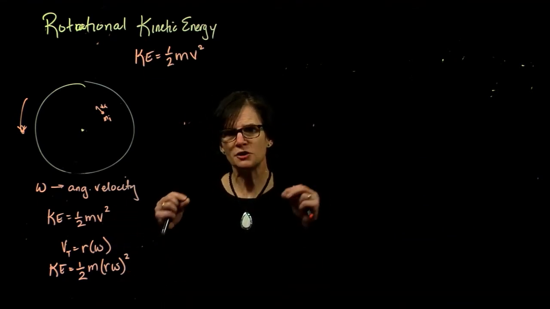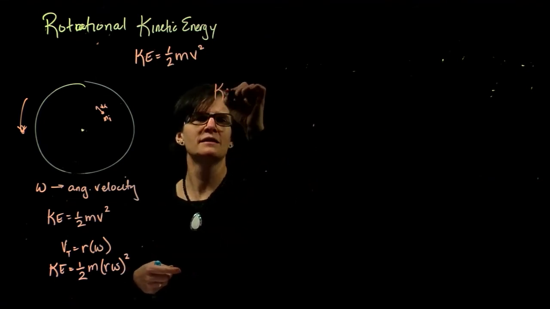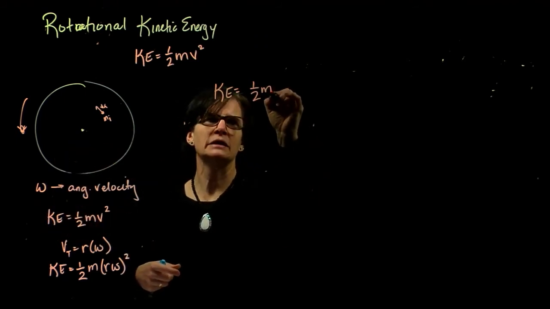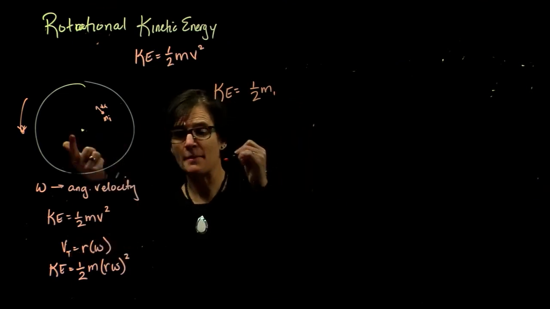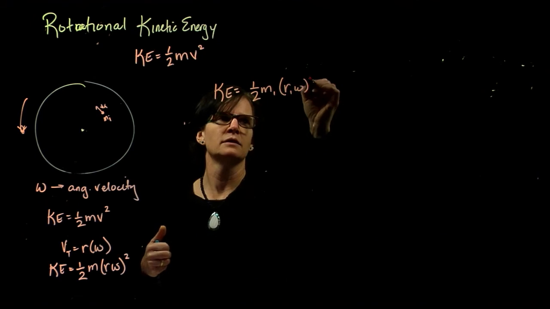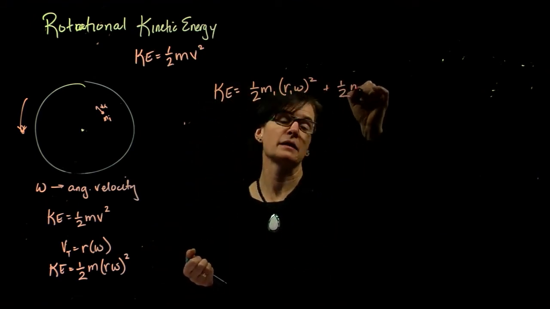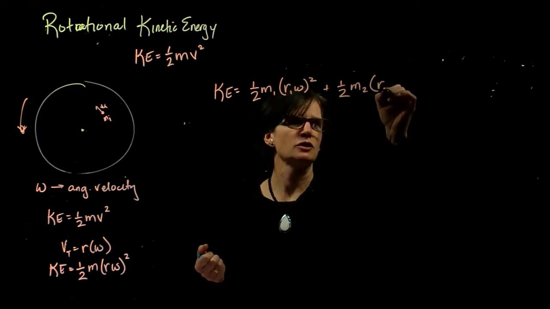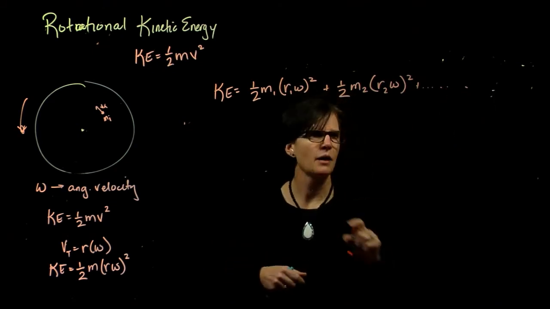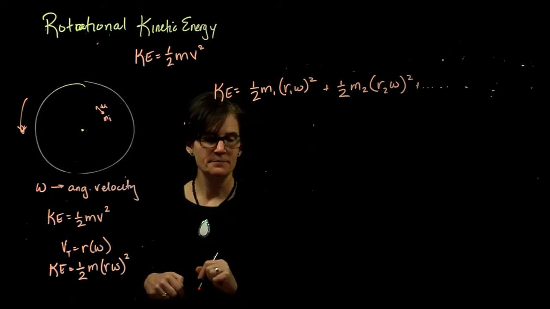Well, each one is contributing to the kinetic energy, such that the total kinetic energy of the system is 1/2 mass 1, whatever that tiny little mass is, times radius 1, omega, quantity squared, plus 1/2 mass 2 times radius 2, omega, quantity squared, plus all along, however many little tiny pieces of mass we make.